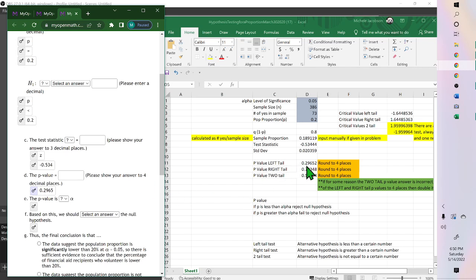So this was our p-value, 0.296. Alpha was 0.05, so the p-value is definitely greater than. If the p-value is greater than alpha, fail to reject. Fail to reject.